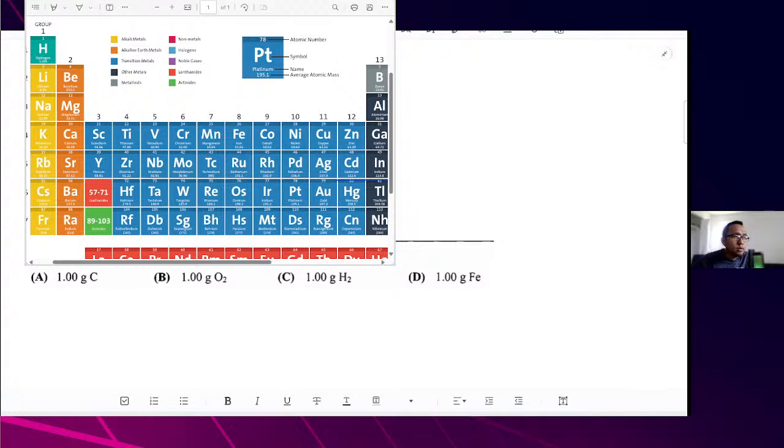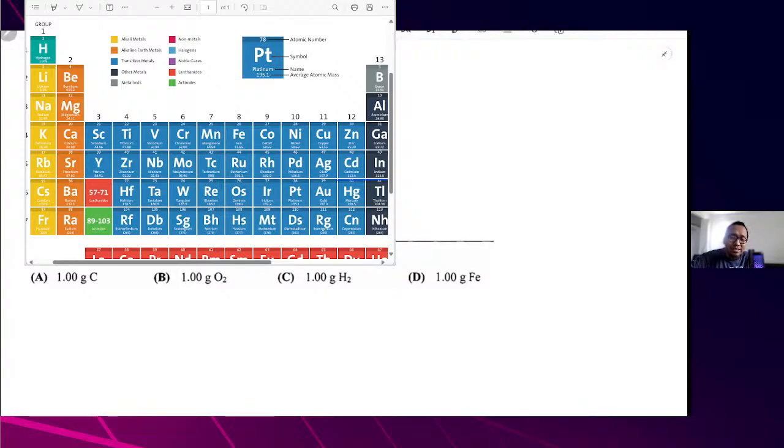So number one, Avogadro's number equals the number of... Okay, Avogadro's number is 6.022 times 10 to the 23. But what exactly is it counting? What exactly is it telling?